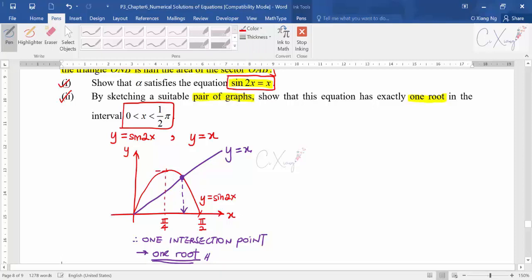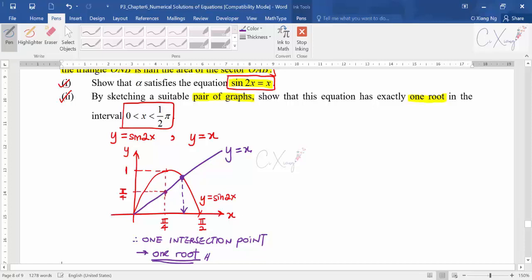At pi over 4 here, this value equals 1. So when I sketch, I know that the line y equals x will be at pi over 4 also.